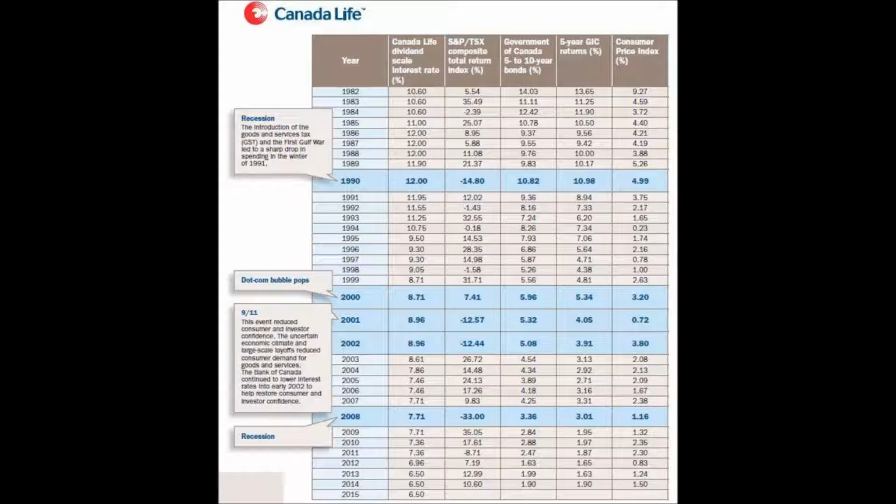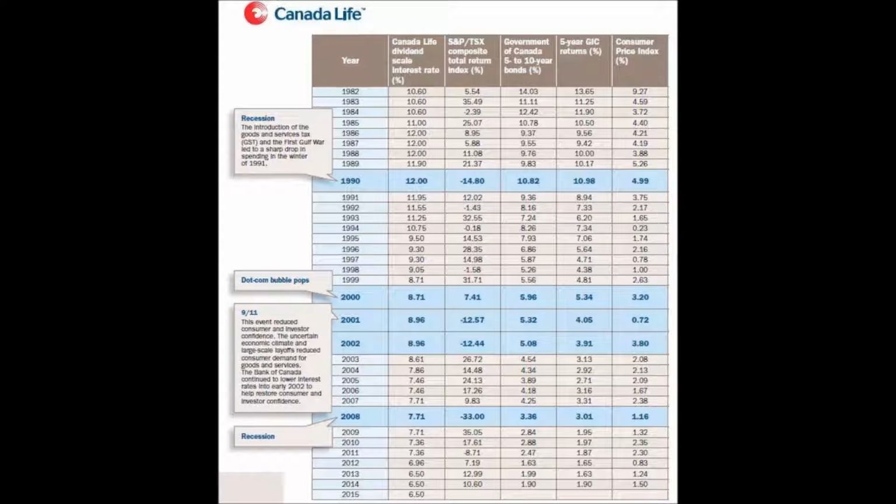Year after year, the return table from this Canada Life dividend scale interest rate performance has maintained relative stability in comparison with the S&P TSX Composite Index, compared to the Government of Canada long bond interest returns and the Consumer Price Index. Let's keep looking at the chart, and we're going to look at specific years.